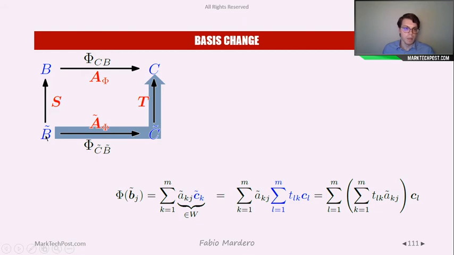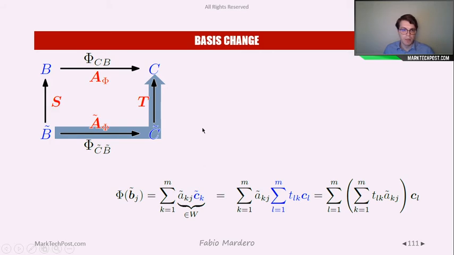So from B tilde, we apply phi on a generic vector of the basis B tilde. Okay, it can be expressed using the transformation matrix A tilde with the basis C tilde. So here it is. These A tildes are the coefficients, the elements of this matrix.